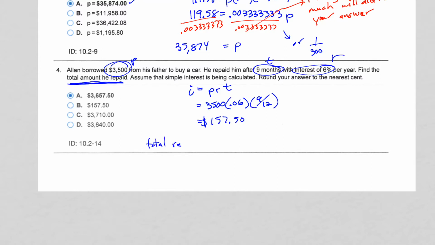Remember, the total that Alan has to repay is going to be the principal plus the interest. Okay, it's the total cost. You've got to pay back what you borrowed and the cost of borrowing money. So it's 3,500 plus 157.50, which is 3,657.50. And there it is right there.